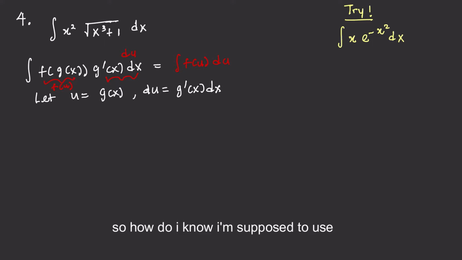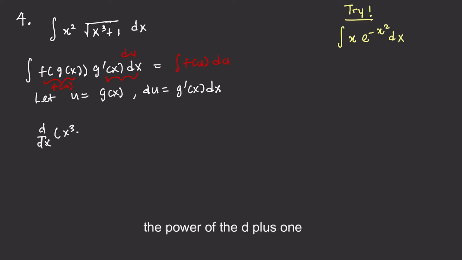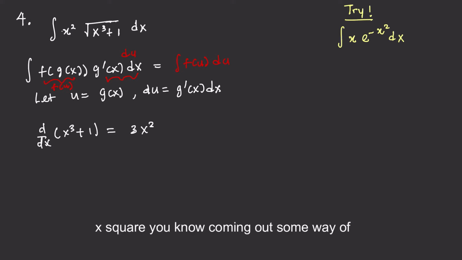So how do I know I'm supposed to use integration by substitution? The basic answer is just that anytime you see the derivative of a function popping out from the integral. For example, if you take the derivative of x to the power of 3 plus 1, I'm sure that I'm going to have this to be 3x squared. So I have x squared coming out somewhere.